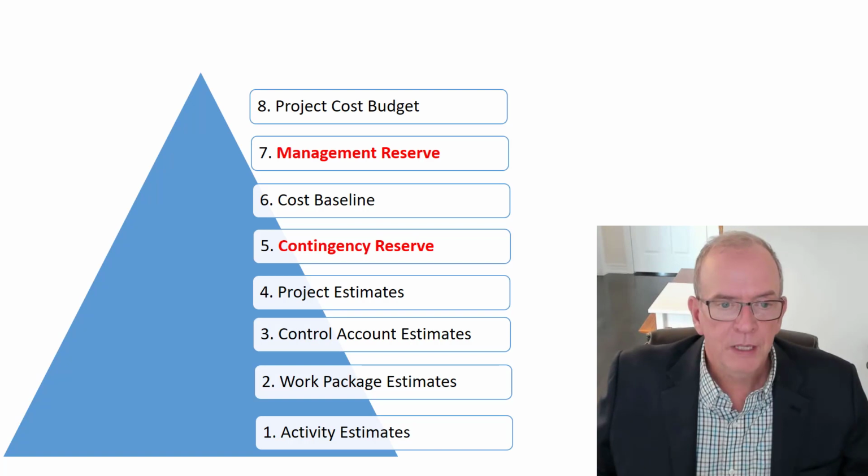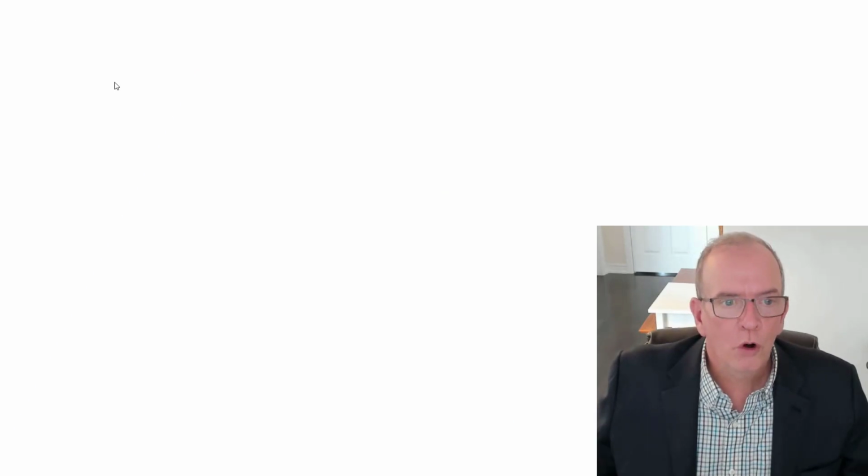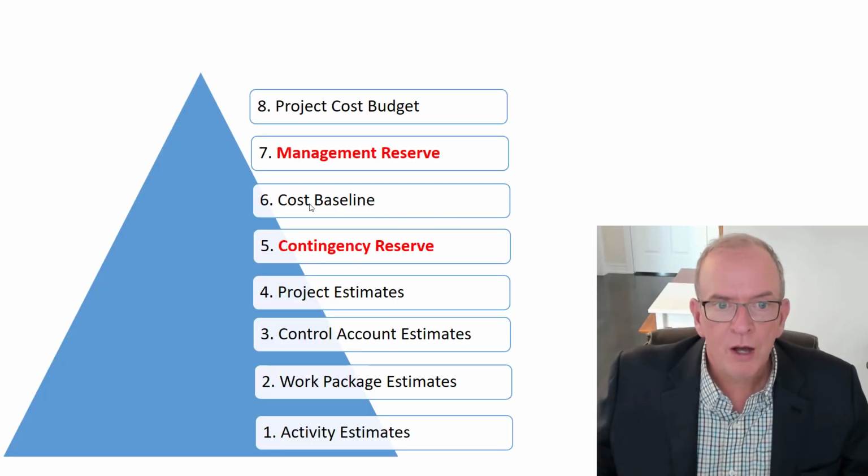So again, your control account could be these different headings that you have identified here at this level of the work breakdown structure, and then it can roll up to the overall project amount, which would be your cost baseline, and that would then include that contingency reserve.